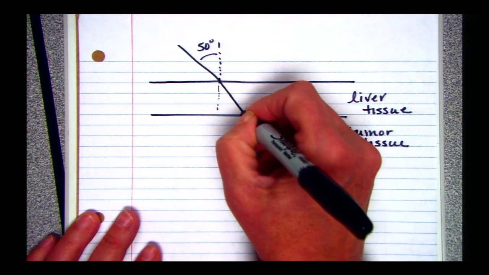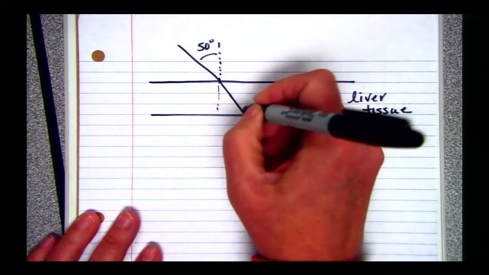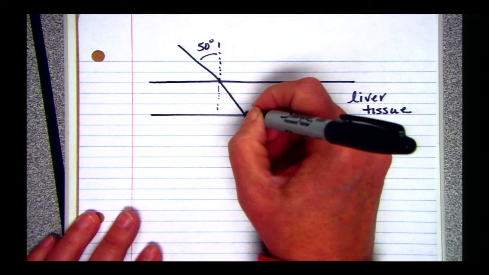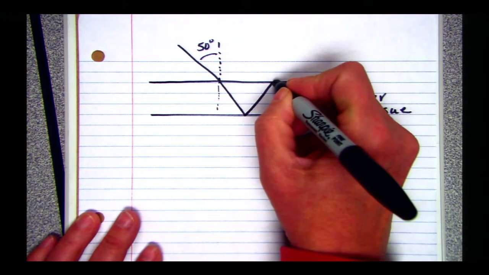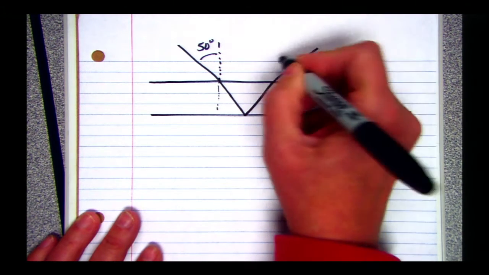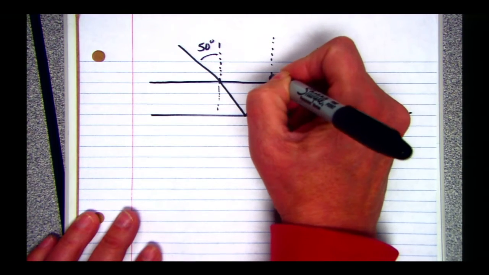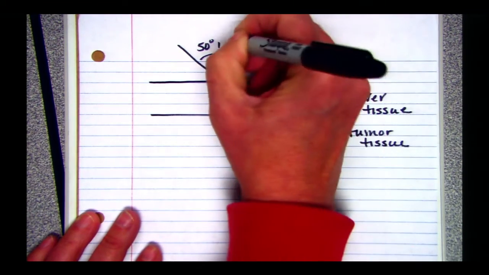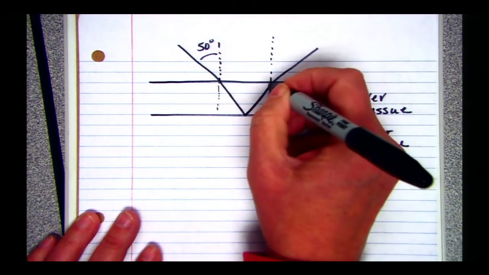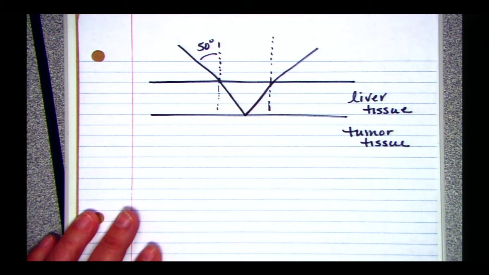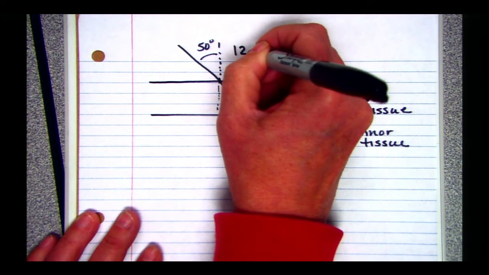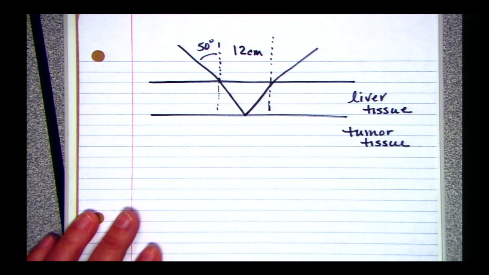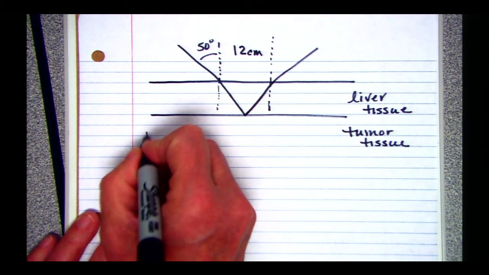Then we're going to get the refraction back out, and we can measure where it comes back out. We can locate that point, and we're told that it is 12 centimeters away if I go at that angle. And what we want to do is find the depth at which the tumor is present.